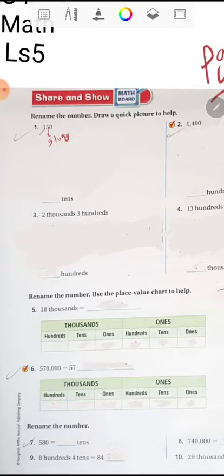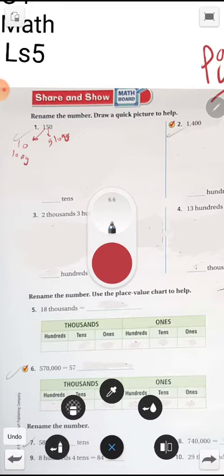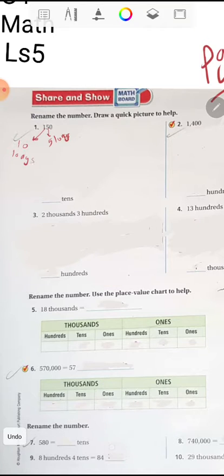What about the hundreds digit? You know that 100 equals 10 tens, right? So this will be 10 longs. I have to use 10 longs and 5 longs, that means 15 longs.